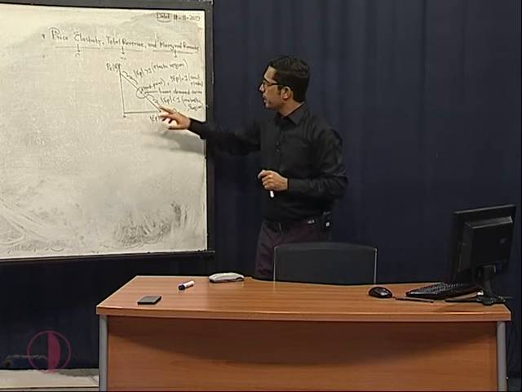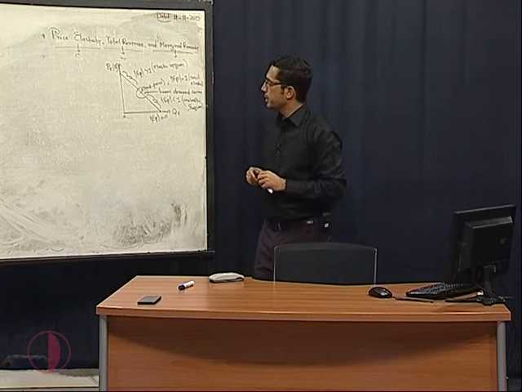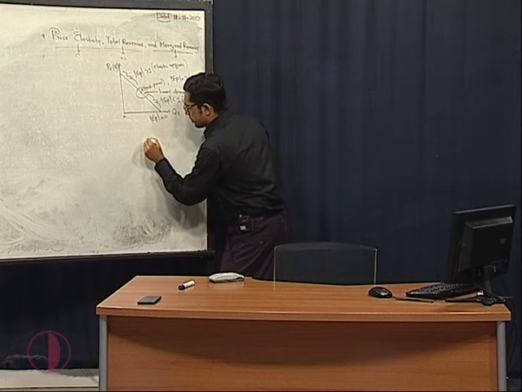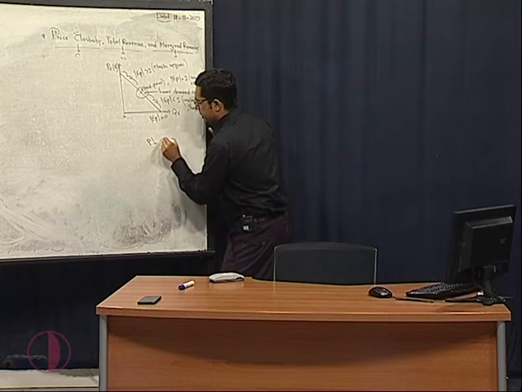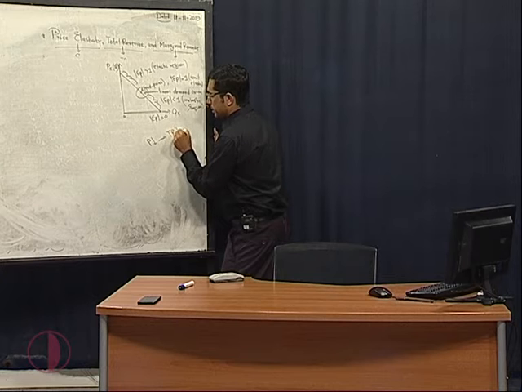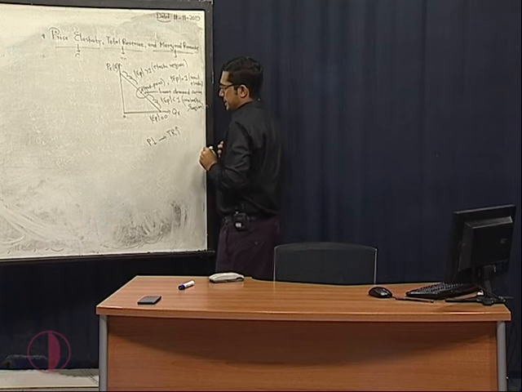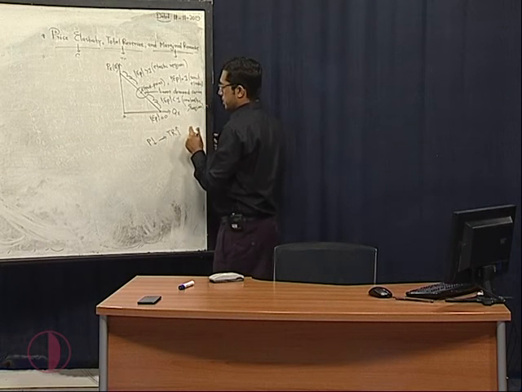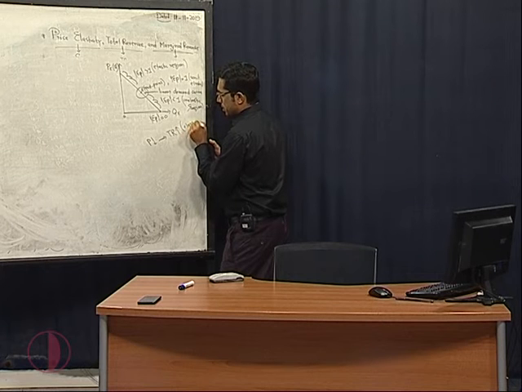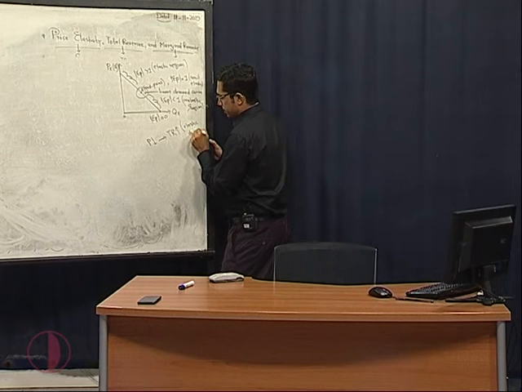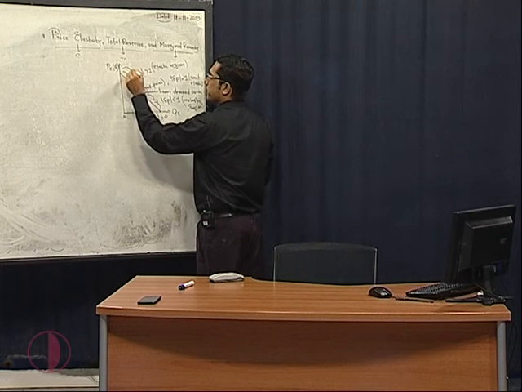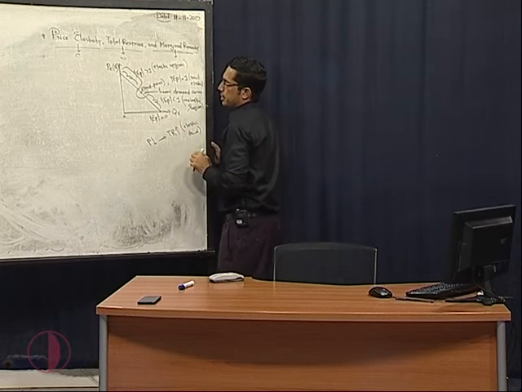So, for example, if the producer reduces the price and its total revenue increases as a result, this is the case of elastic demand, as I told you. So, we are discussing this area.